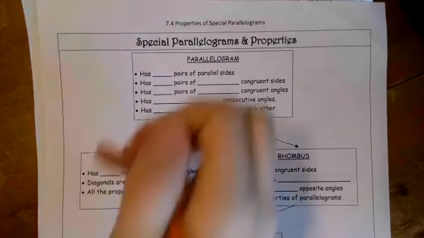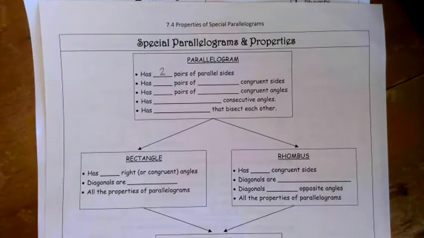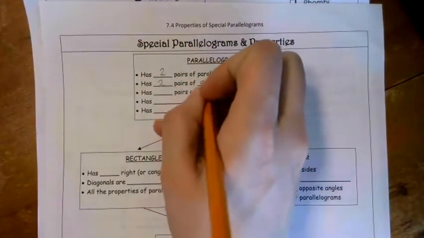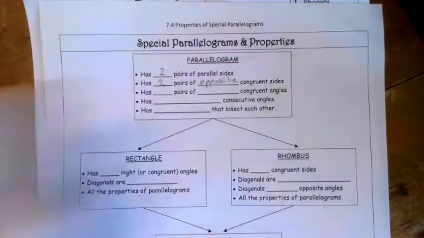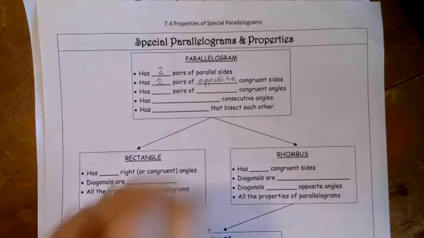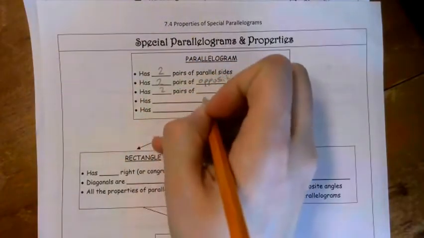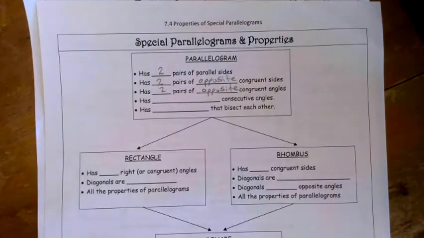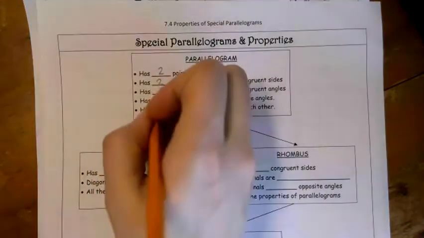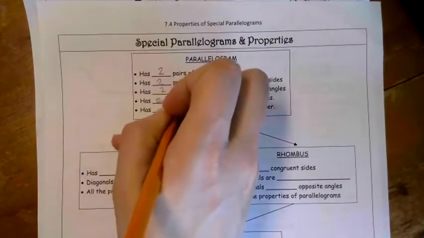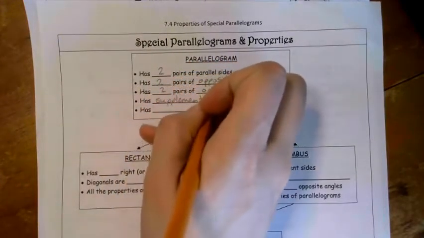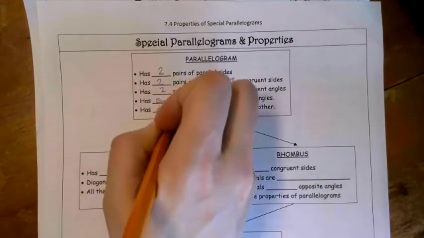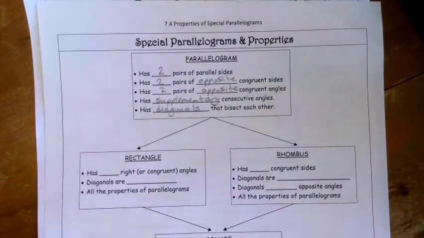So a parallelogram has two pairs of parallel sides, has two pairs of opposite congruent sides, has two pairs of opposite congruent angles, has supplementary consecutive angles, and has diagonals that bisect each other.